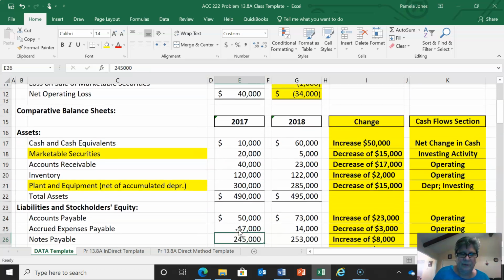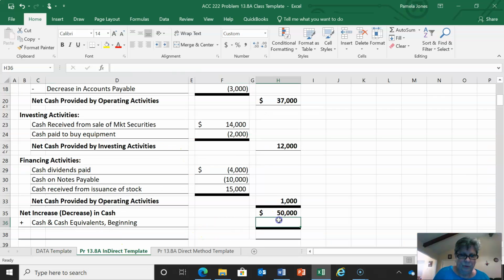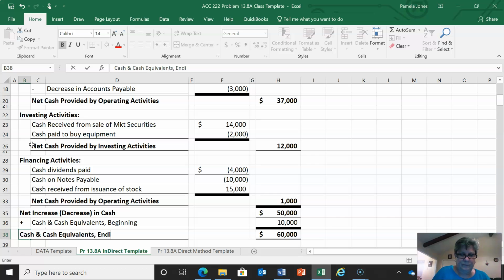That's $10,000. So I pull that in here. And then the $50,000 increase in cash, plus the beginning cash and cash equivalents, should equal my ending cash on December 31st.